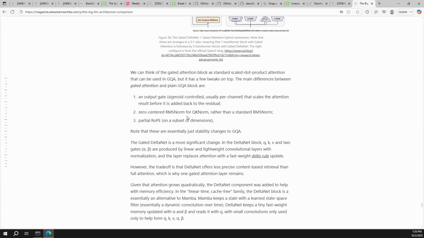Zero-centered RMS norm for QK norm rather than standard. That's normalization, not really that. Hey, Roger, my favorite thing, partial rope, doing a subset of dimensions instead of wasting your energy doing rope on every dimension. So that's how the attention part is changed.